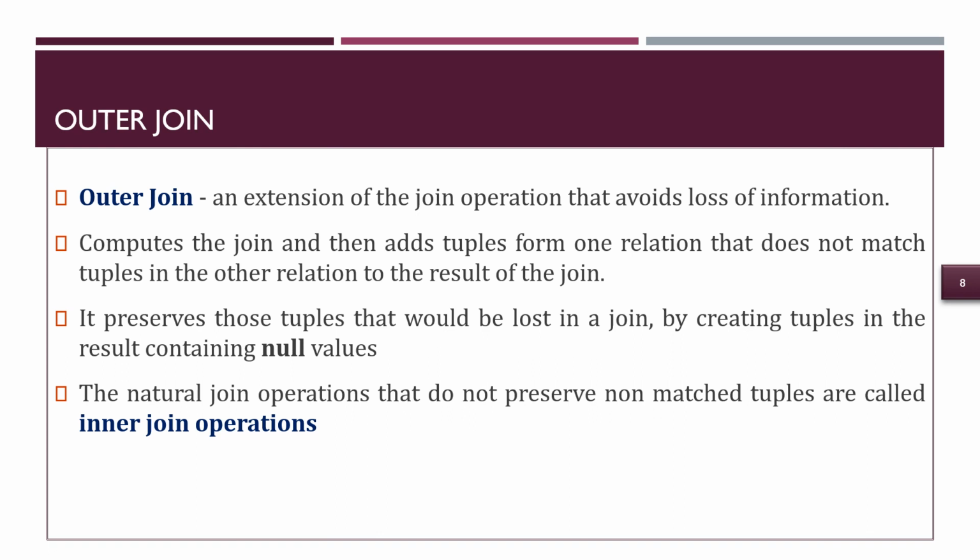But in the case of outer join, such loss of information is avoided. It preserves those tuples that would be lost in a join by creating tuples in the result containing null values. So it computes the join and then adds tuples from one relation that do not match tuples in the other relation to the result of the join.